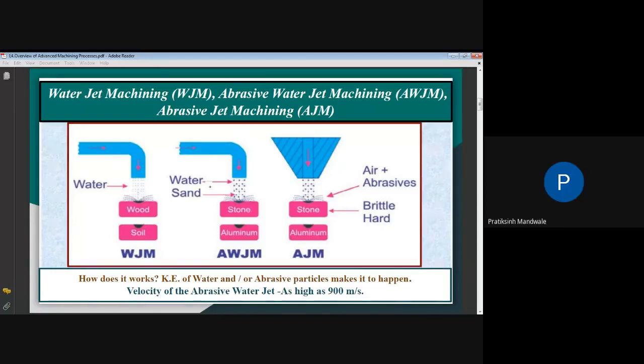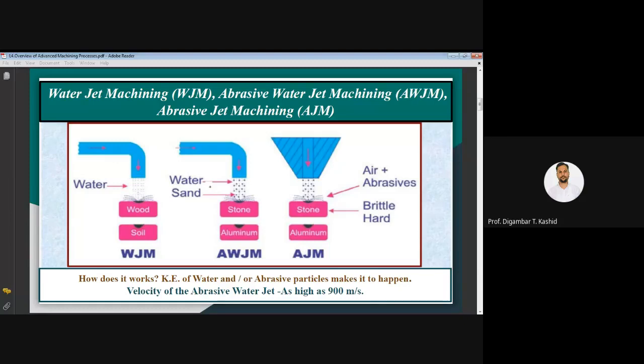Sir, can you give me an example of water jet machining? Which type of material do we cut? Here, first is wood. Then big fish, or meat. For that purpose, water jet machining is used. In some cases, for example, cutting material like stone, we can also use water.